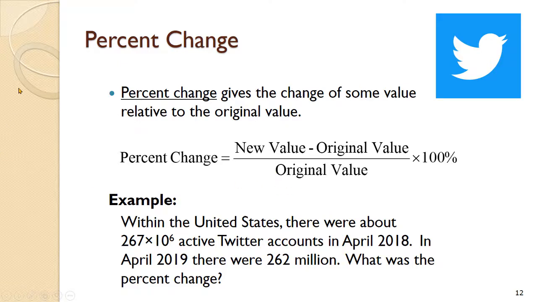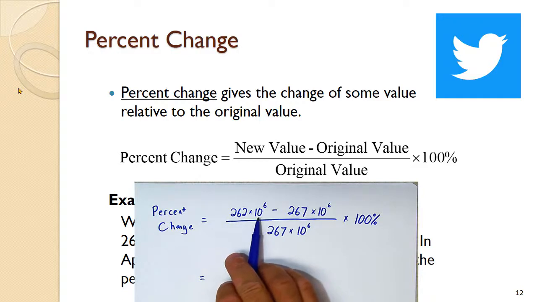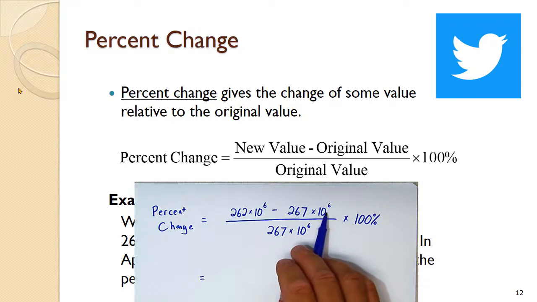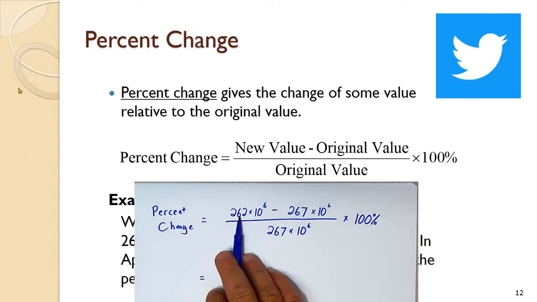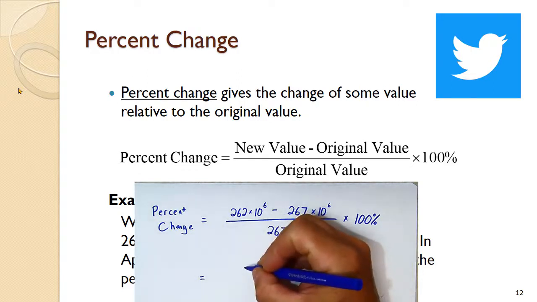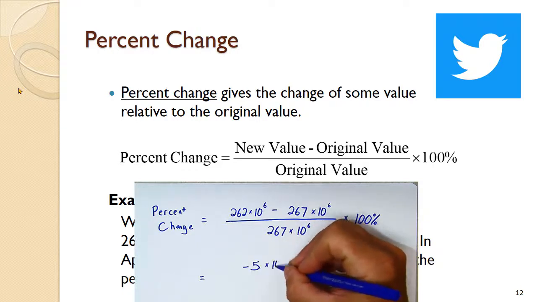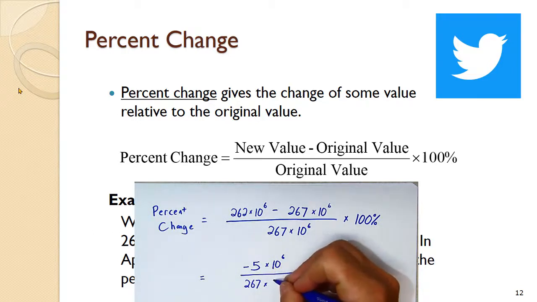So let's solve this. If we strictly use the formula, that's pretty easy. We can plug in these values. And if we put in our new value of 262 times 10 to the 6th, or million, minus the original value of 267 million, and divide by the original value of 267 million, we can do that without too much trouble. 262 million minus 267 million, note that that's a negative number, so that's negative 5 times 10 to the 6th, or million, divided by 267 times 10 to the 6th.